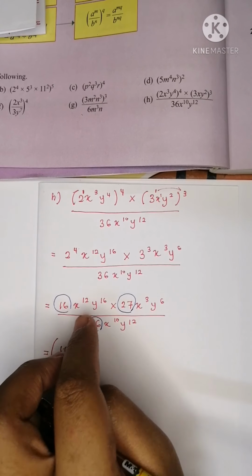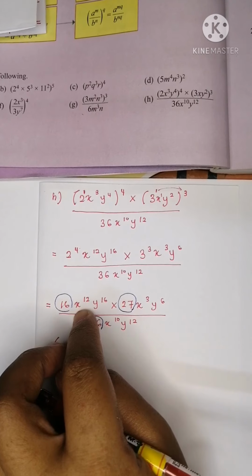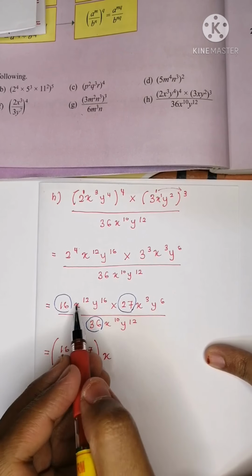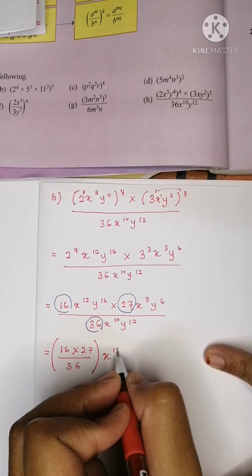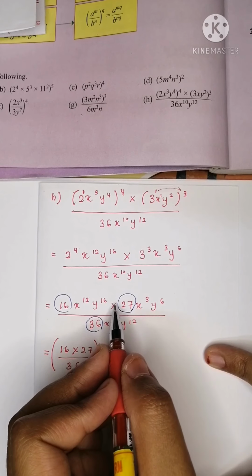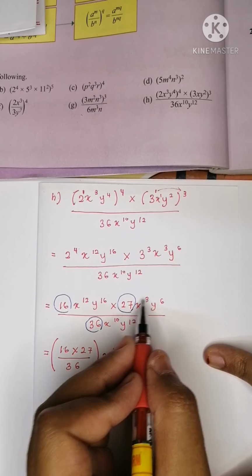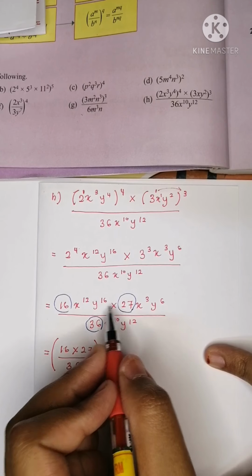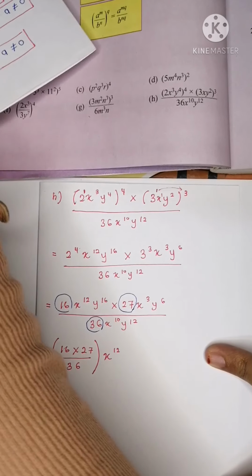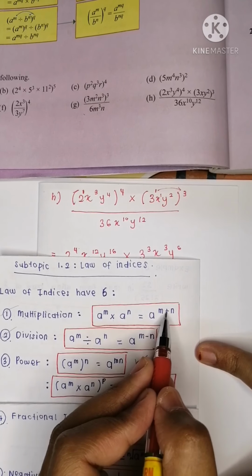Now look at x. Solve for x first. x to the power of 12, multiplied with x to the power of 3. Remember, for multiplication, what should you do to the power? You need to plus.